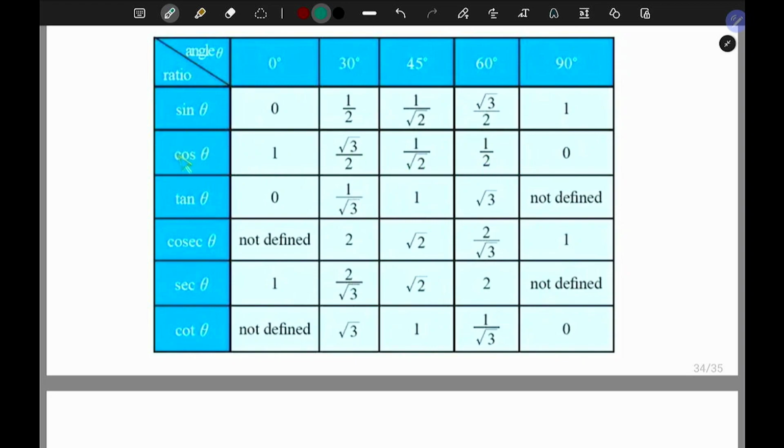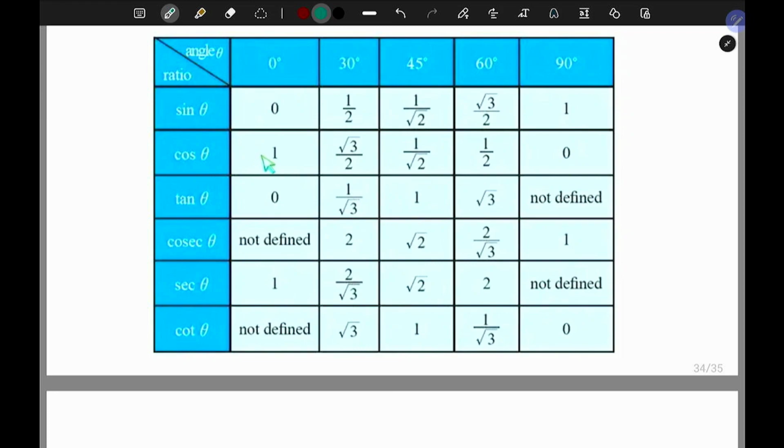You write cos theta and you write the first line again but in the opposite direction. 0 over here, 1 by 2 over here, 1 by root 2 remains there, in that order, and root 3 by 2 after 1 by root 2 and 1 after root 3 by 2. It's the same line written in the opposite direction.